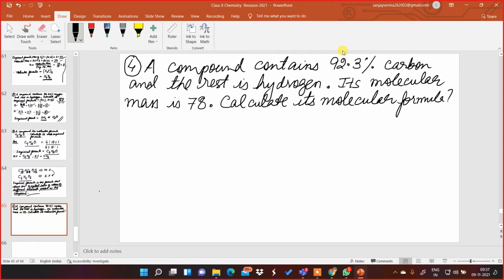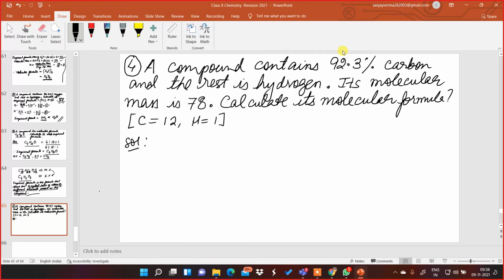The atomic masses are given. Carbon atomic mass is 12. Hydrogen is 1. Please do it. I'm waiting. Then I'll allow you to switch on your camera and show me your working.